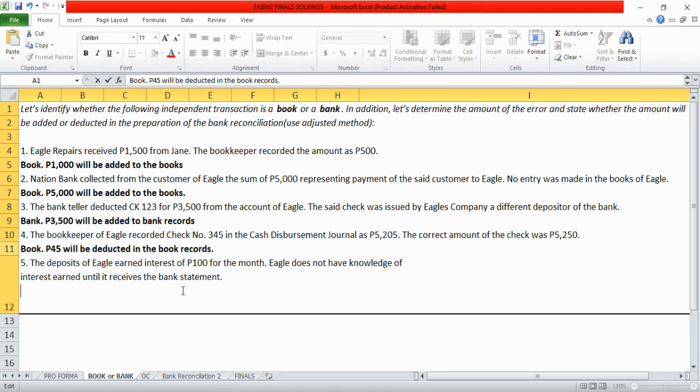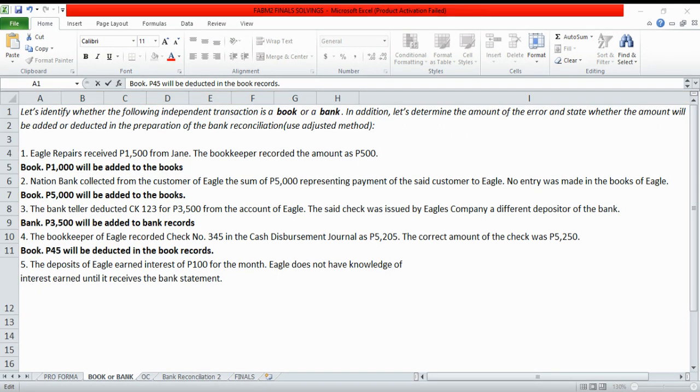Now let's proceed to number 5. The deposits of Eagle earned interest of 100 pesos for the month. Eagle does not have knowledge of the interest earned until it receives the bank statement. So this is an example of a book item again, because this is a credit: since Eagle earned interest, 100 pesos is added to the book records.